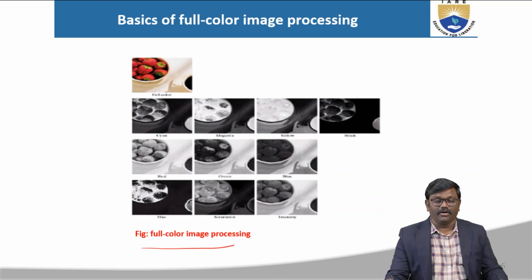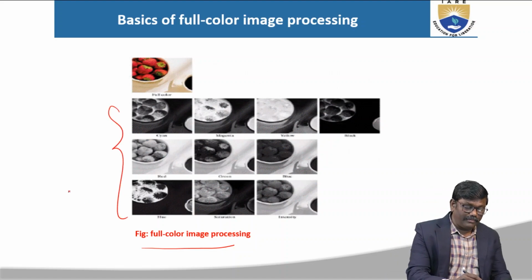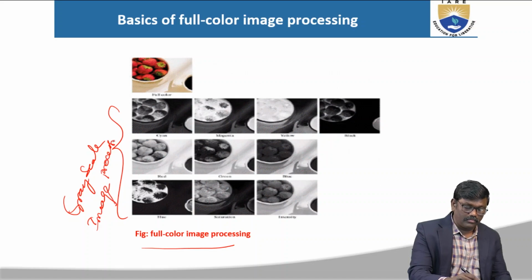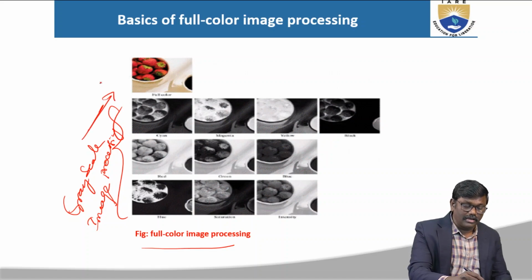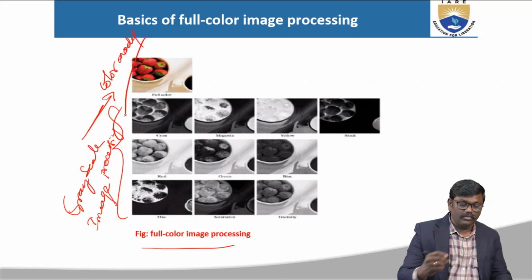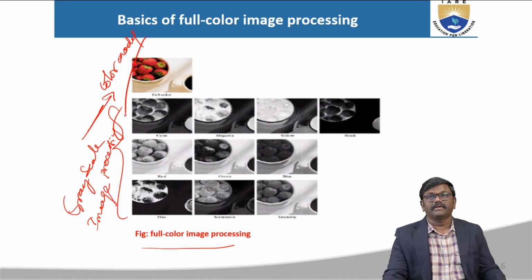For example, these are grayscale images being processed, and your achievement now is the color mode.